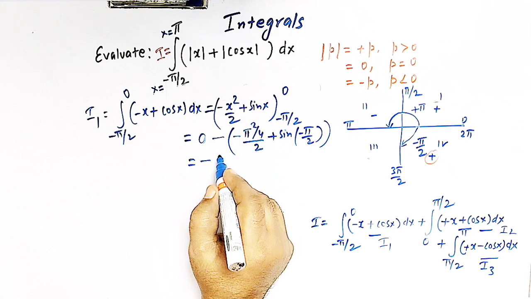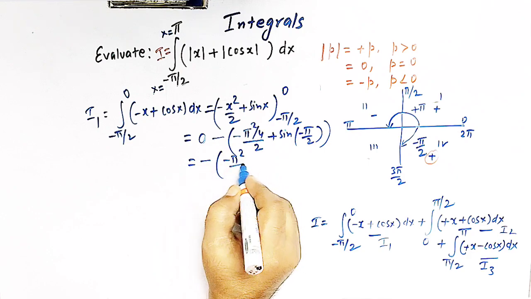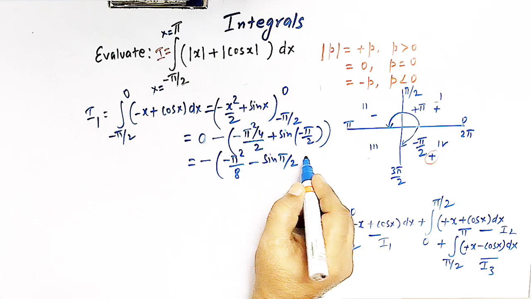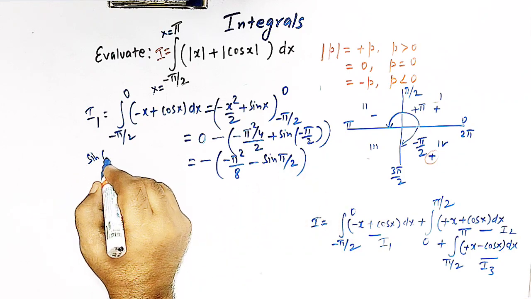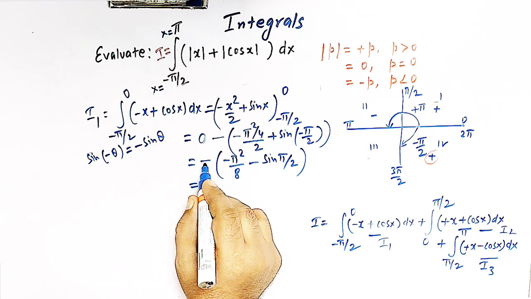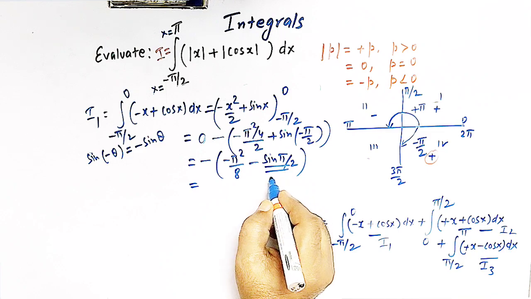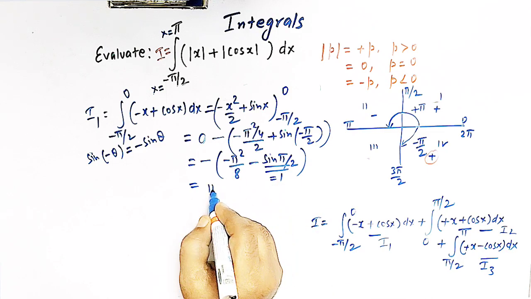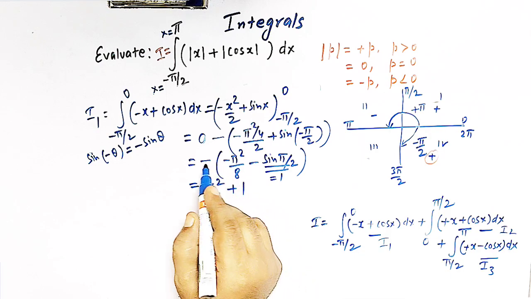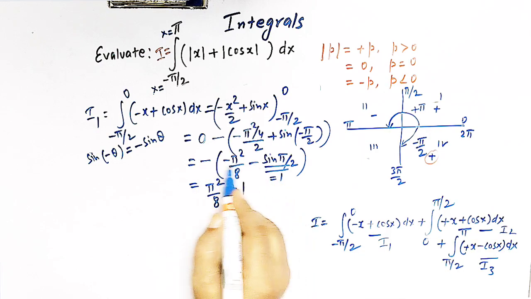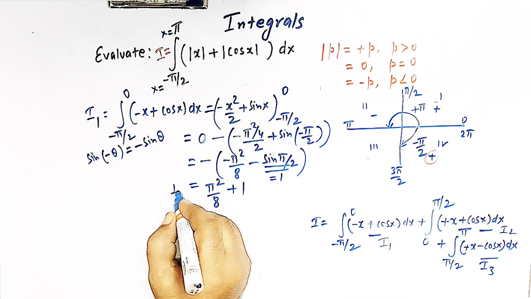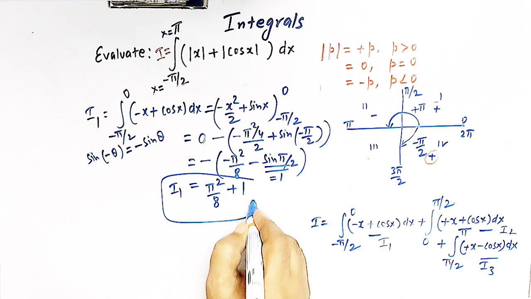So this is minus pi square over 8, and here we have minus sine pi by 2, because sine of minus theta is minus sine theta. So now here we have sine pi by 2 is equal to 1. So we have minus pi square over 8 minus 1, and multiplying these with the negative sign, we have pi square over 8 plus 1. So this is the value of I1.